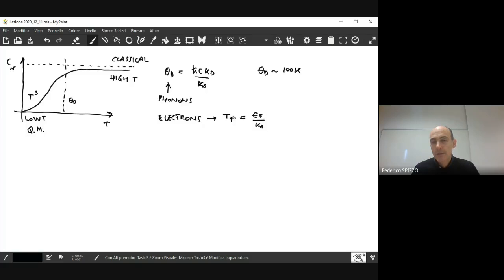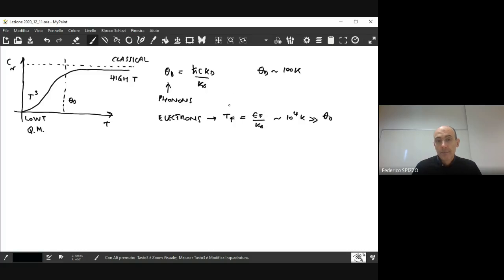So this temperature is again an equivalent of the strength of the Fermi energy on the scale of temperatures. The typical value of the Fermi temperature is in the range of 10 to the 4 Kelvin. So this is much larger than the Debye temperature, and much larger than the typical temperatures that we may access in the lab.